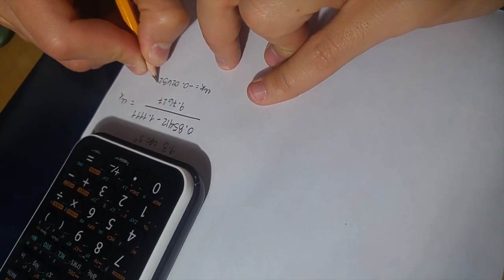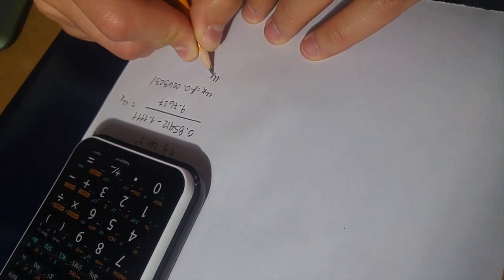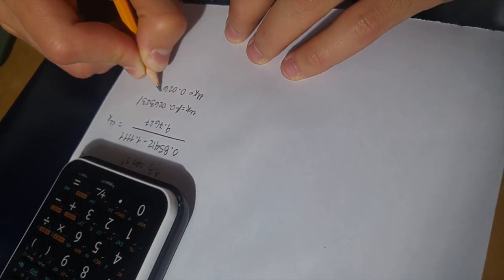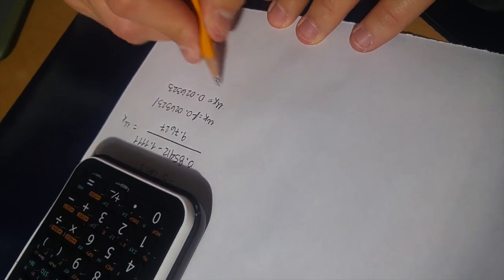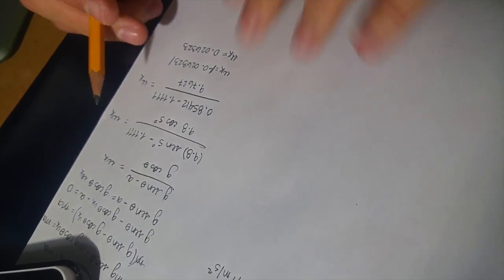Three, 2, 3. This was a negative value, but we can assume it's positive since it is a magnitude, so it's the same. And that's how you get the kinetic coefficient of friction in this scenario.